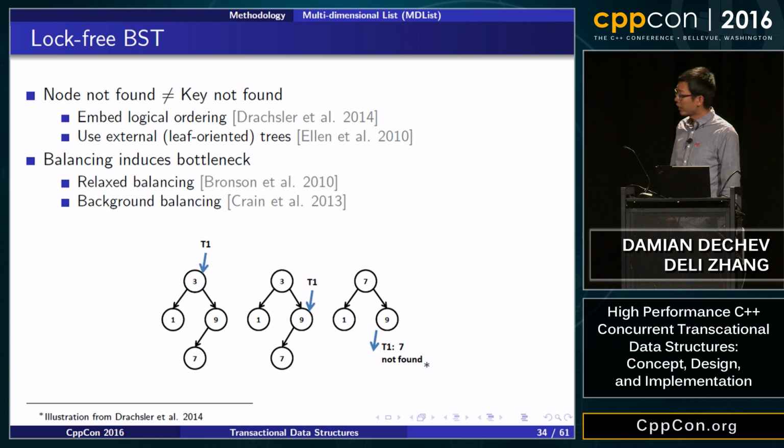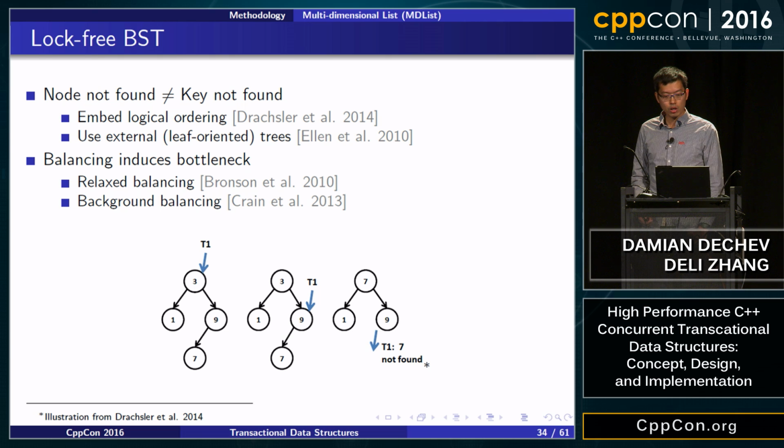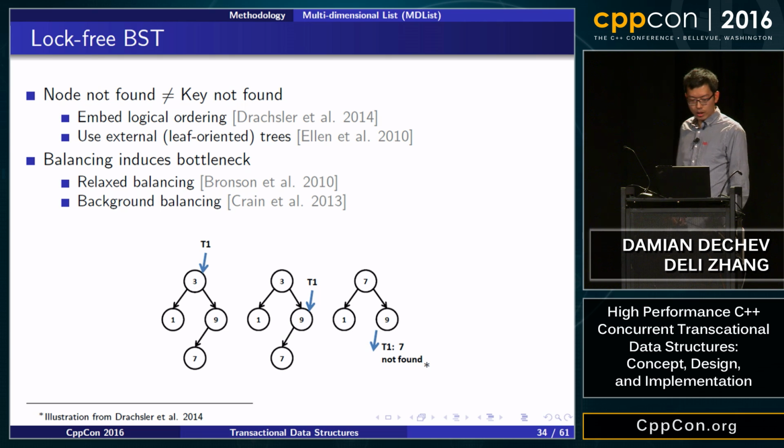When it reaches node 9, it gets interrupted. In the meantime, another thread deletes node 3 from the tree and changes the layout. So when thread T1 resumes, it does not find node 7. Now it has to decide if node 7 does not exist in the tree or if it has to start all over again.